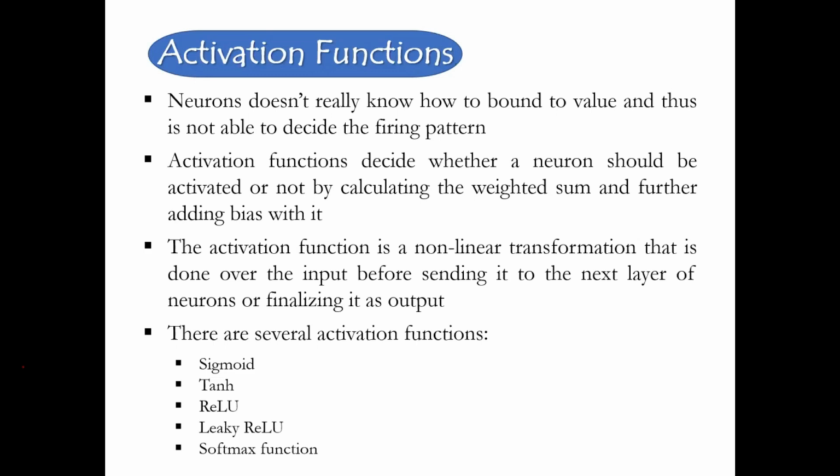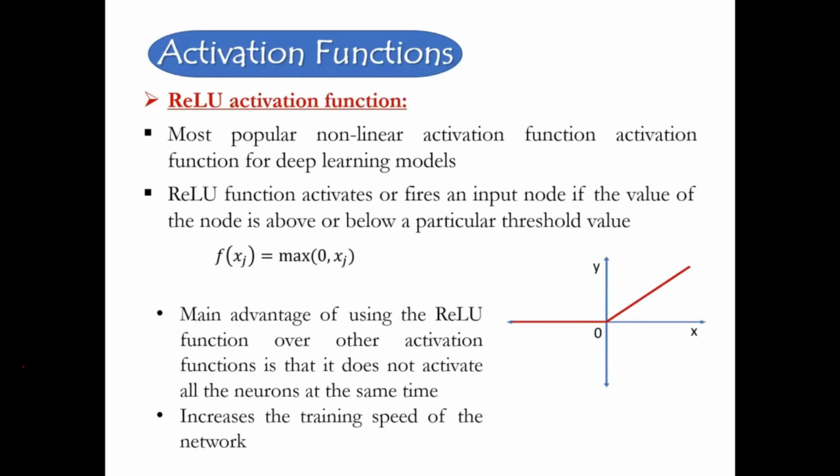It can be a linear or non-linear transformation, both, based on the inputs. There are several activation functions used in machine learning and deep learning techniques, like sigmoid, tanh, ReLU, leaky ReLU, softmax, right? But among these, ReLU and softmax functions are of prime importance for CNNs.